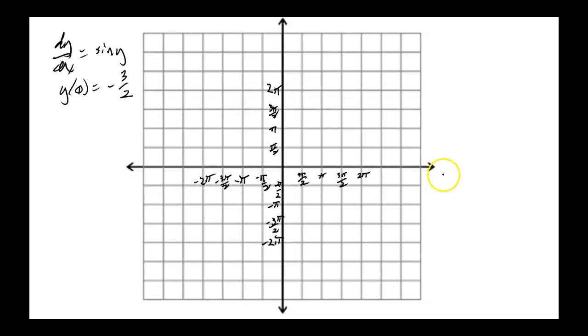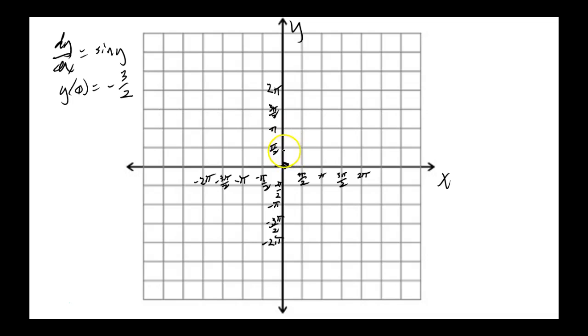Here is your x. Here's your y. And when y is equal to 0, you're at 0. Y is equal to pi halves. This is your slope. The slope is going to be 0.